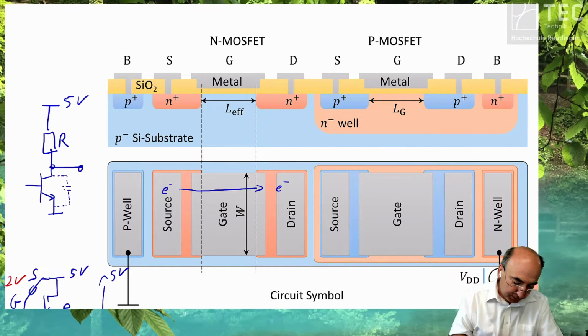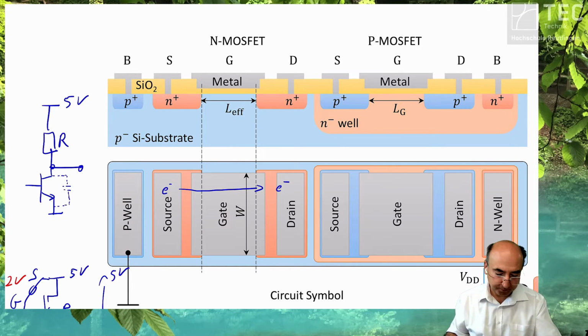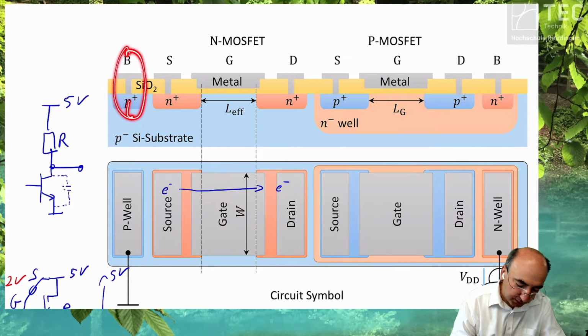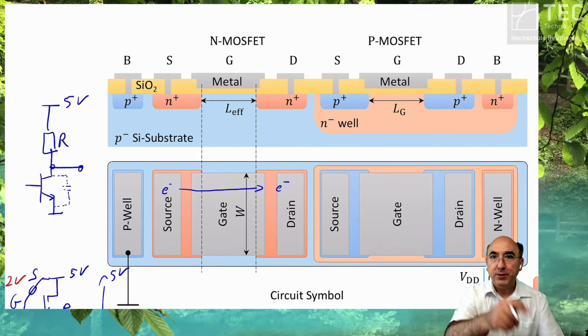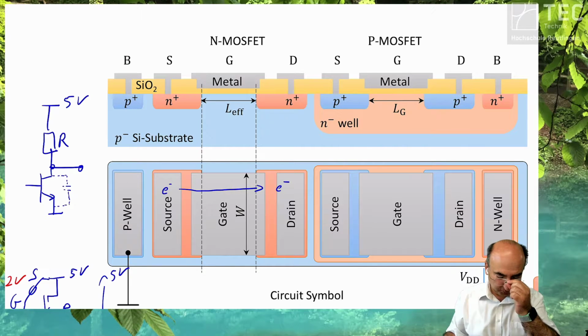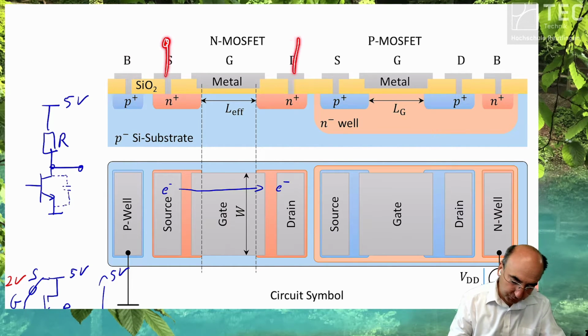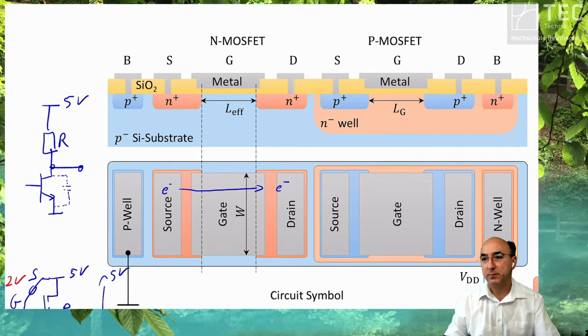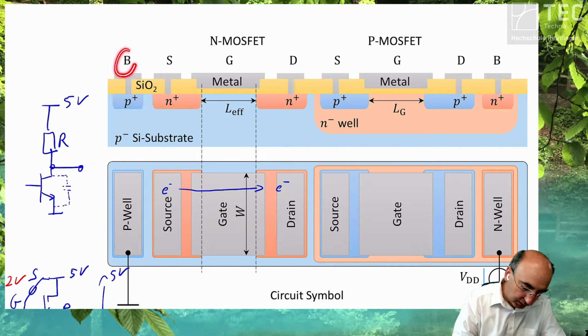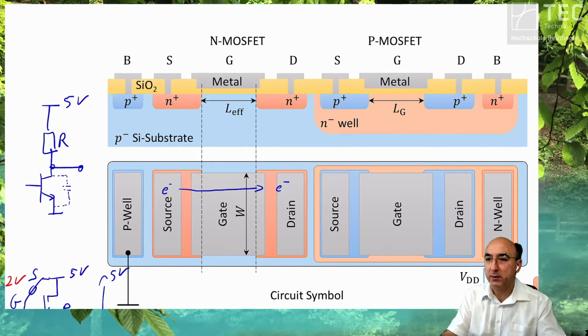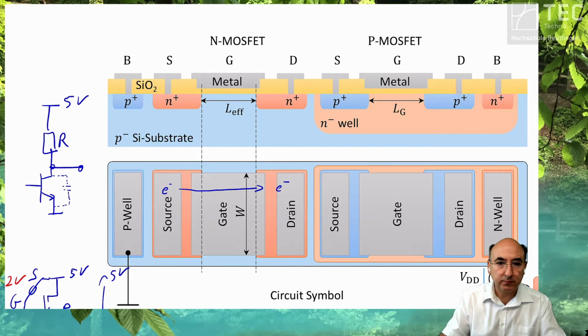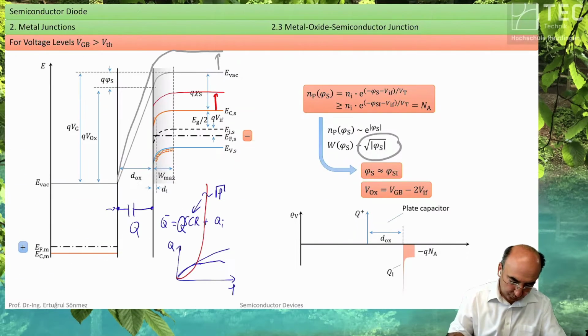Now let's talk about the P well. So let's talk about this contact. Why do you need this? I have a source, I have a drain, I have a gate, and let's start. But why do you need additional bulk contact? The reason is here.